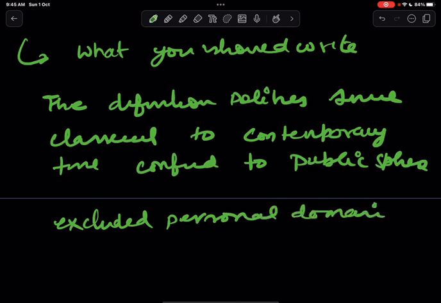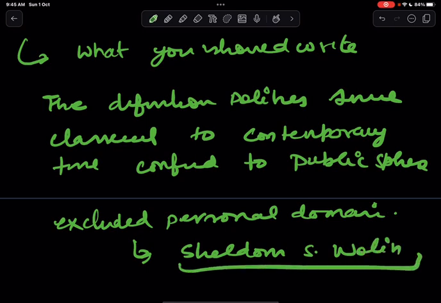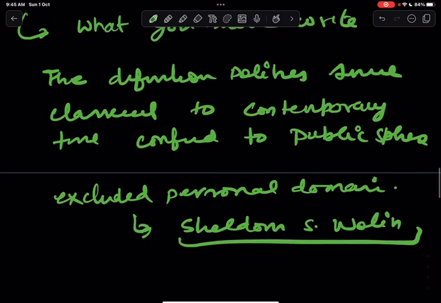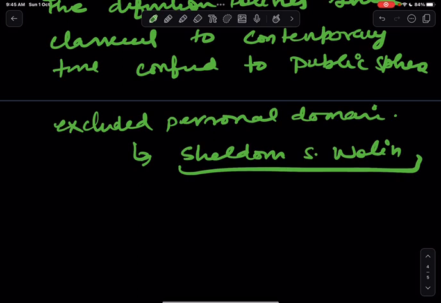And you can quote the name of any scholar. One that I remember is Sheldon S. Wolin, who has also given this definition, or who has talked about politics in the public sphere.